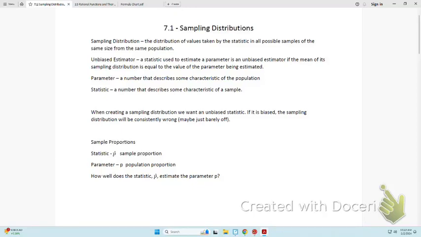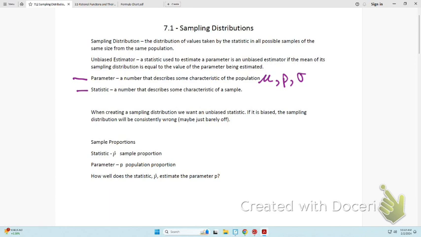In stats, we started chapter 7. It's called Sampling Distributions. And what I want to focus on first, before we actually define a sampling distribution, is a parameter and a statistic. So first off, let's review. We have looked at a population mean, a population proportion, and population standard deviation.